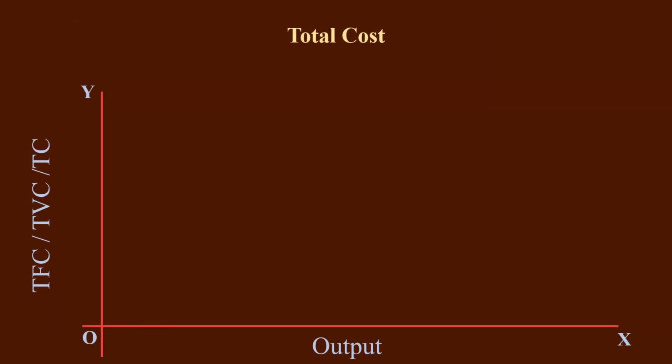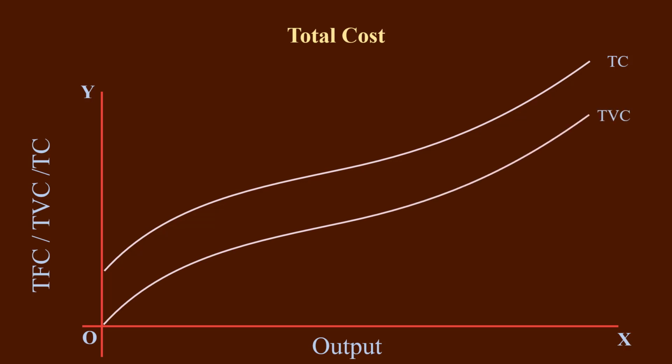Look at this graph. TC is the total cost curve. It also takes the shape of the TVC curve. Total fixed cost curve starts at 60 along the y-axis. It is horizontal and parallel to x-axis. Inverted S-shaped total variable cost curve starts from 0 or origin and slopes upward.